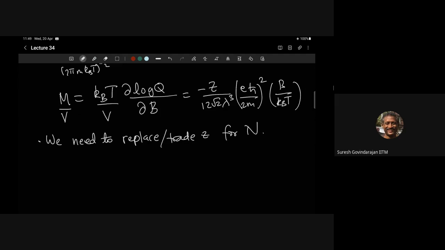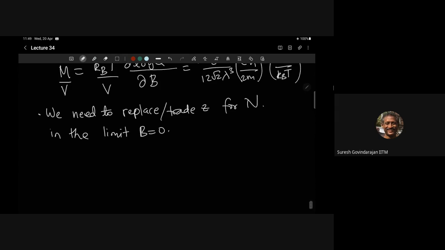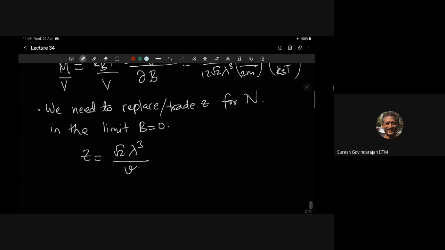Okay. And this should be done in the limit when B is 0. We are only expanding about it. So I'll just write a formula which we already know: Z equal to... Okay, so this is what we get.